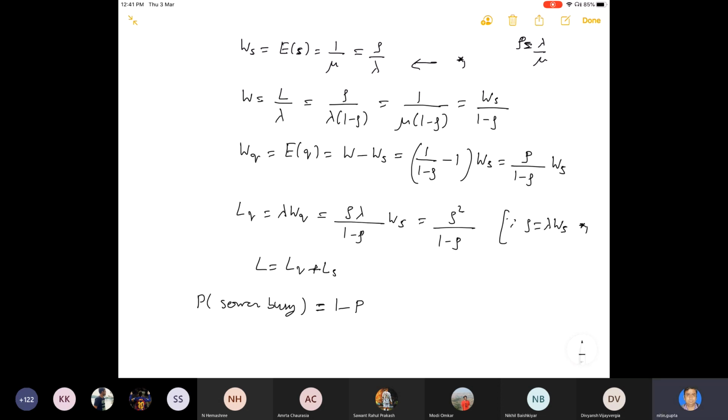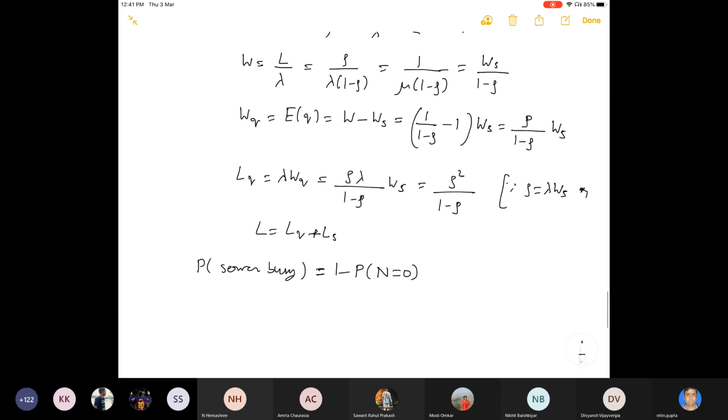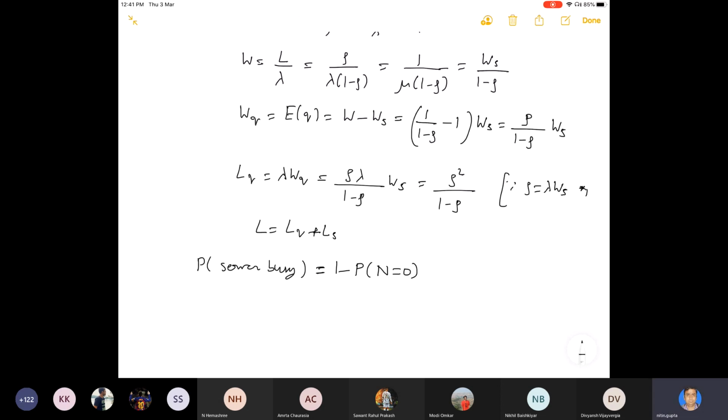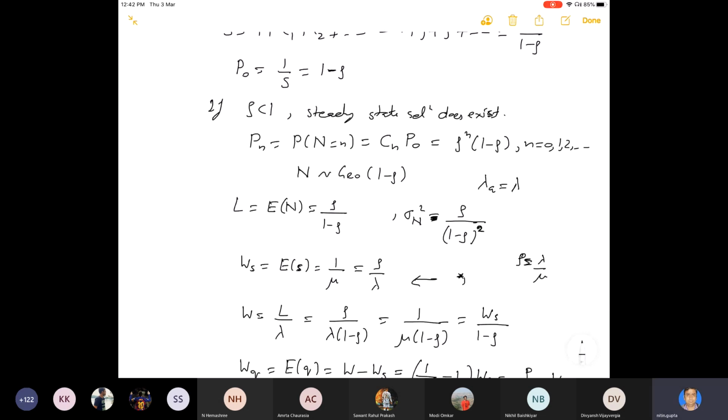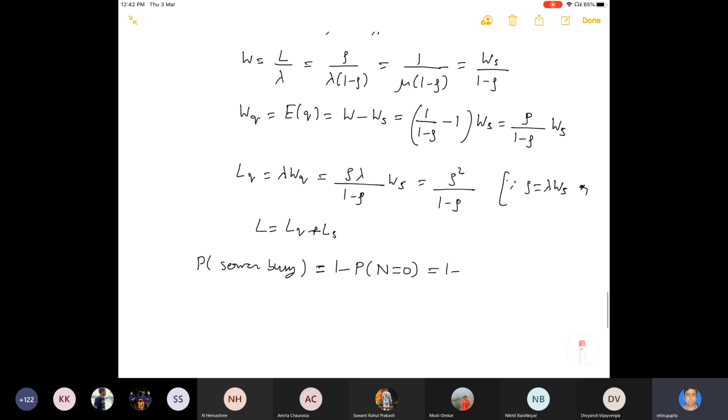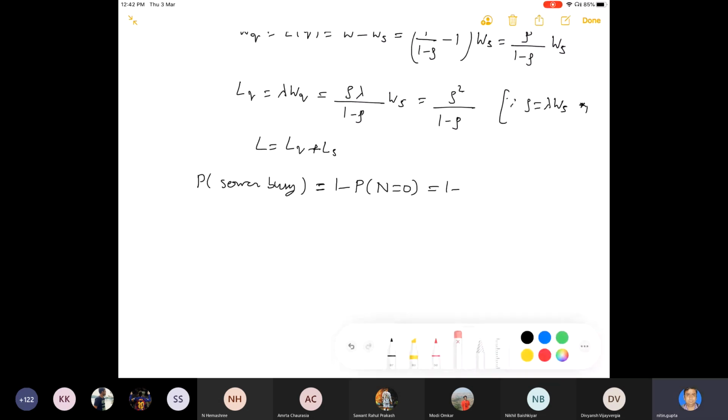The server is empty when no customer is there. So 1 minus probability n is equal to 0. N is equal to 0 is 1 minus rho. So therefore this is 1 minus rho.